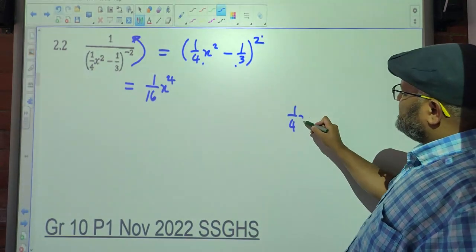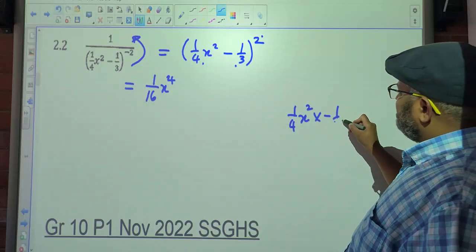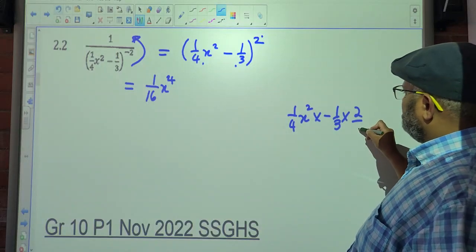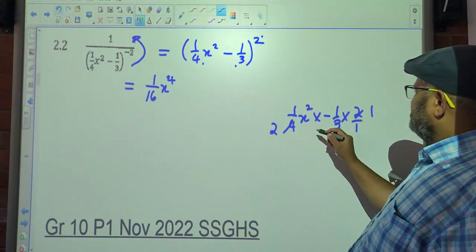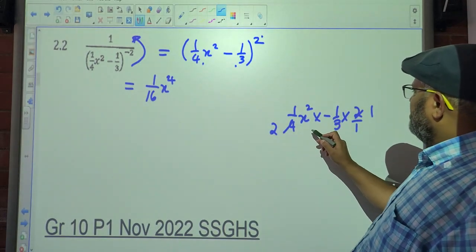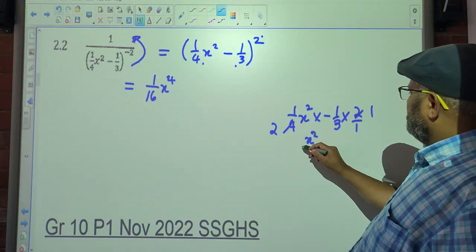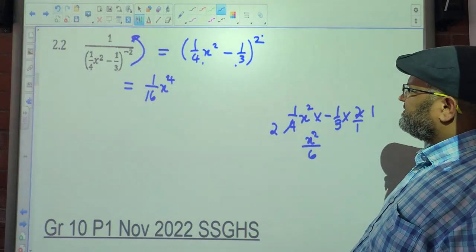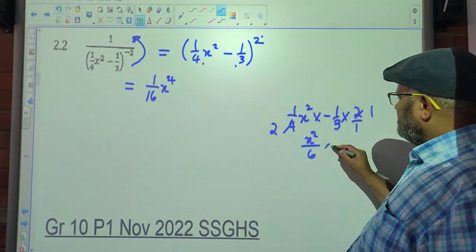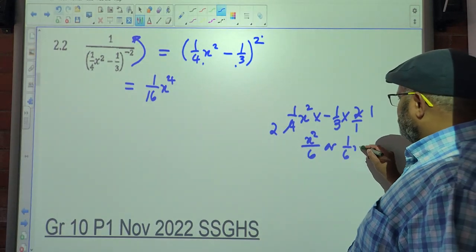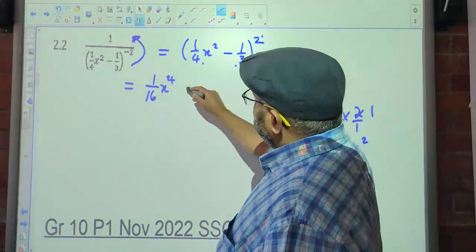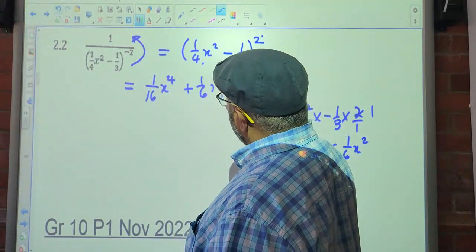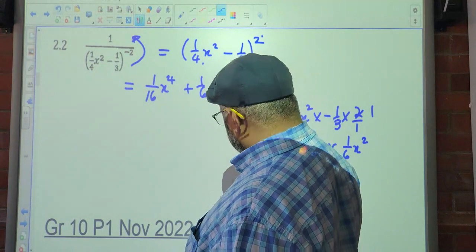So it's a quarter x squared times negative a third times 2. 2 goes into 2 once, 2 goes into a quarter twice. So what do I have? x squared over 6, or 1 over 6 x squared. You all agree with that? 1 over 6 x squared. And of course the last term must be minus.